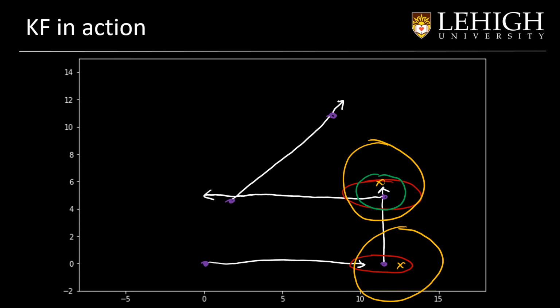Now we see that the error is way smaller than the initial error of the GPS, and now we combine the motion of the odometry with the measurement of the GPS to improve our estimation.